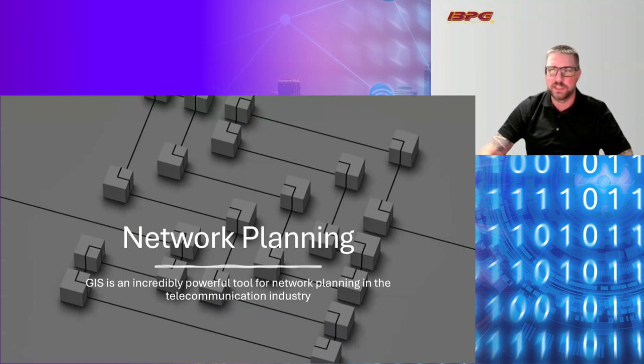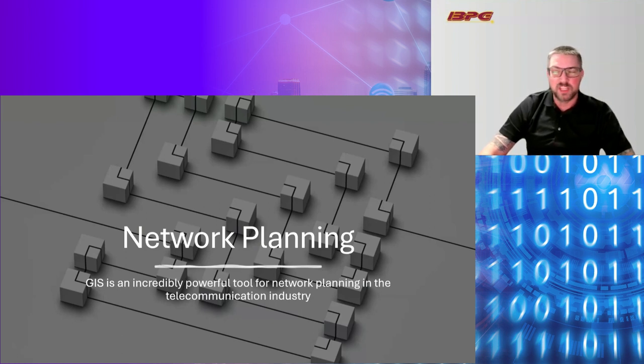These utility networks typically include systems such as water, gas, electricity, wastewater, and most specifically for today, telecommunication networks. Planning these networks involves capturing, organizing, analyzing, and visualizing spatial and non-spatial data related to those networks.